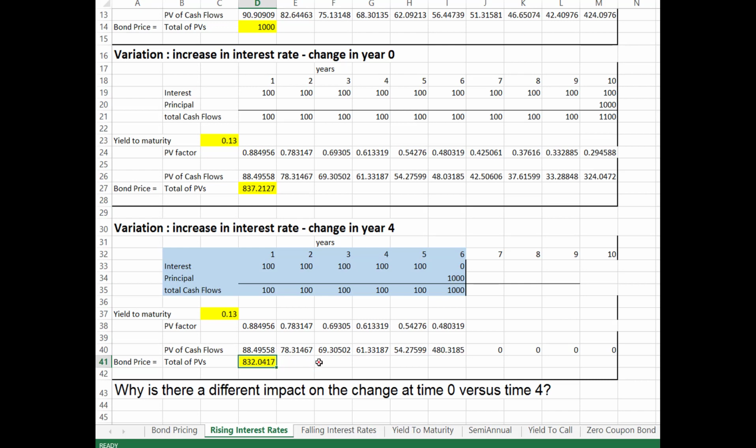And so we see that the price change is lessened if it were for 6 years versus for 10 years. That's because the time over which we earn our extra interest is now shortened. So therefore, we need to pay a lower amount of money because that $1,000 is going to happen sooner, right?